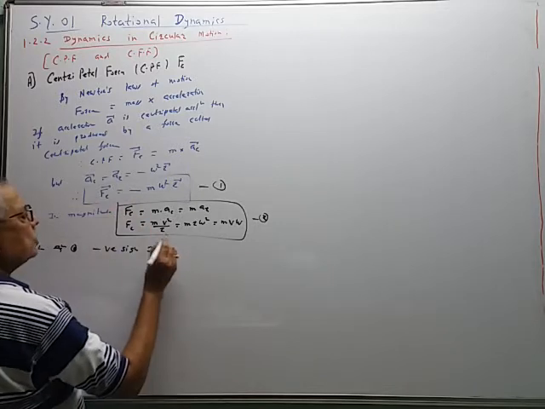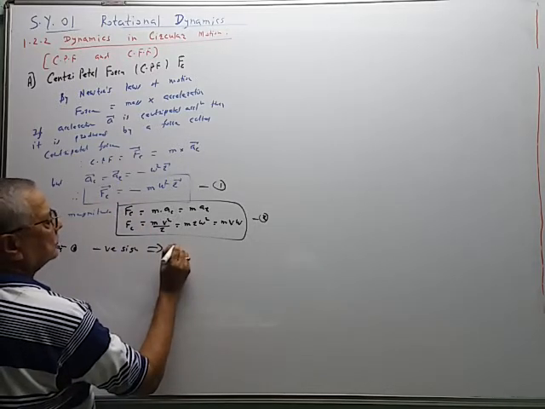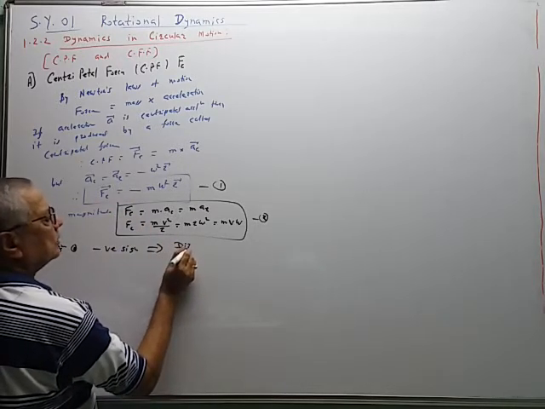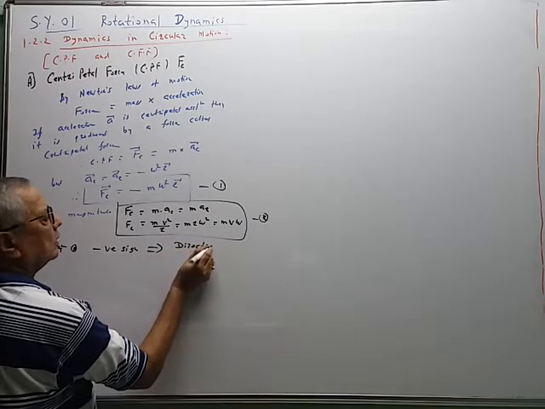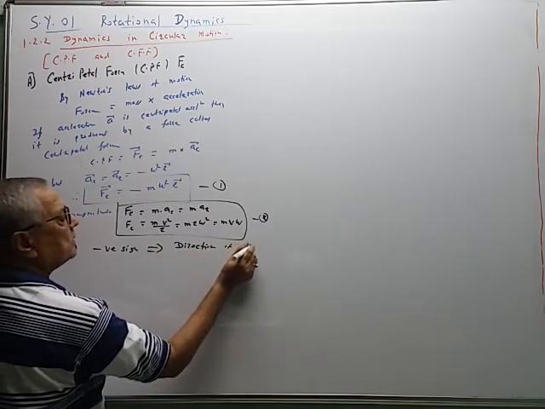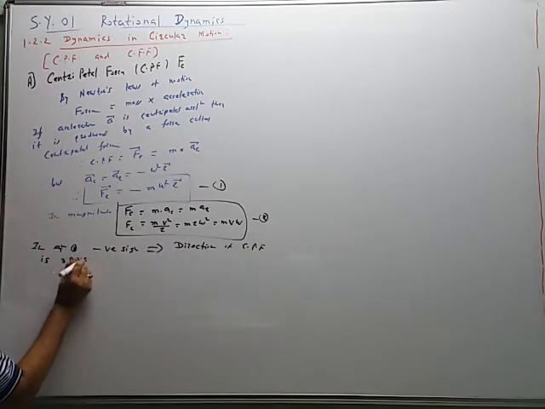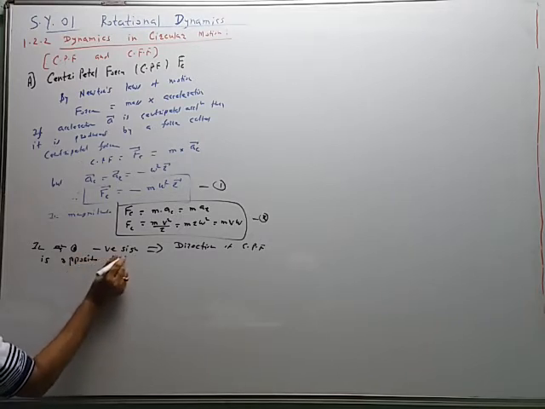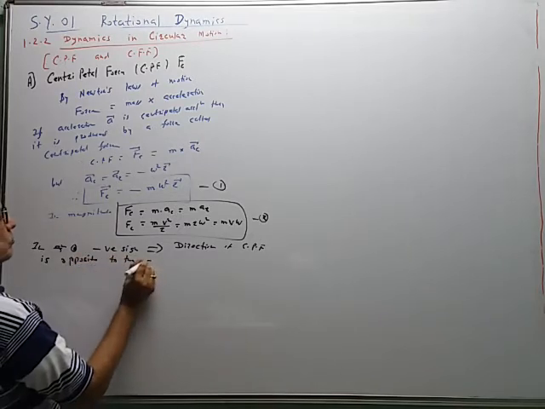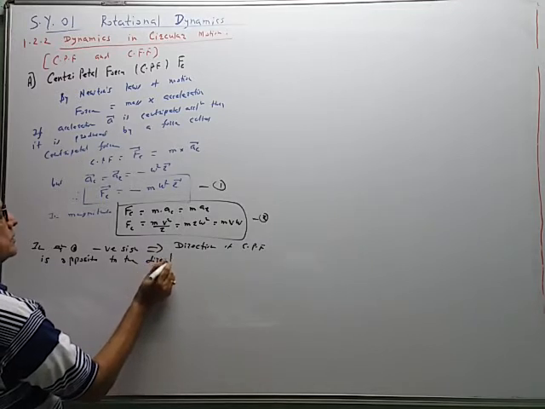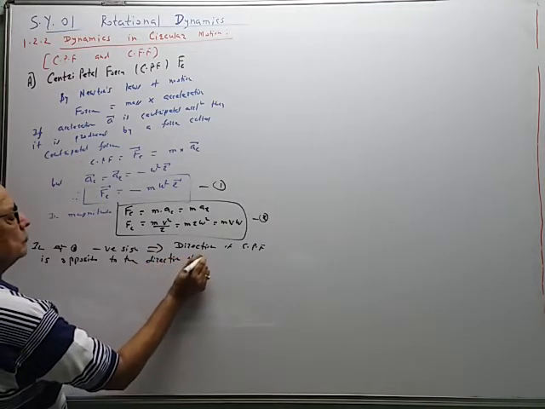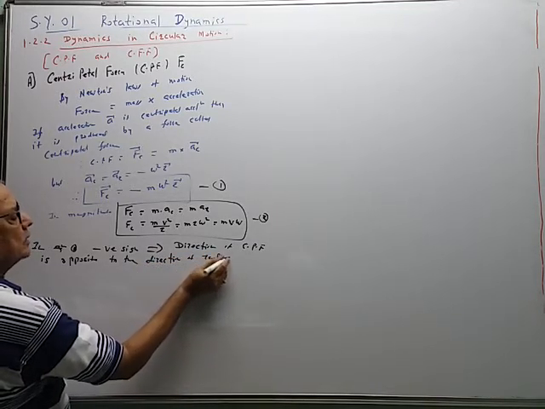In equation 1, negative sign indicates that direction of centripetal force is opposite to the direction of radius vector r.